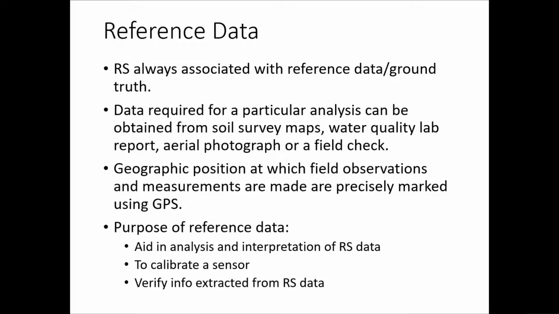Then you can also use it to calibrate a sensor. Suppose you have a ground truth, you have observed the spectral reflectance pattern of the ground truth, okay, and you got maybe an image that was captured in the infrared region, and you are observing its spectral reflectance pattern, right? And you know for sure that on the ground this particular feature is so and so.